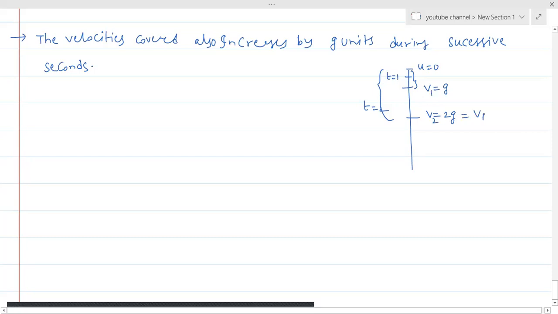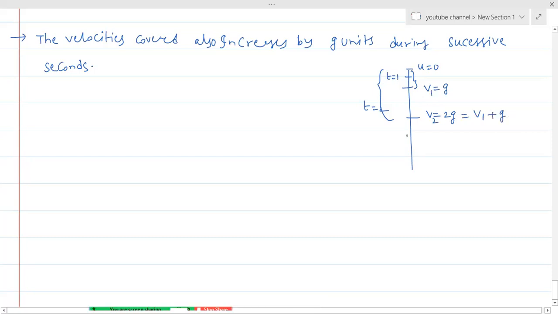So it can be easily understood that during successive intervals of time, the velocity rises by g units. This way, we need to understand the case of a freely falling body.